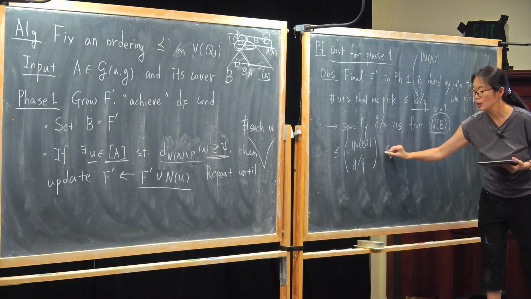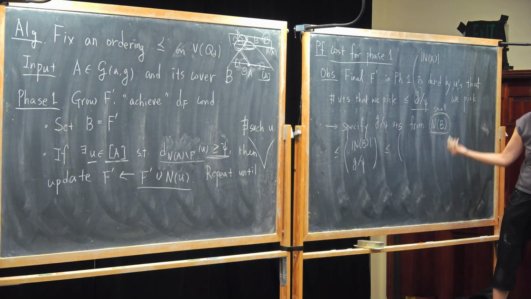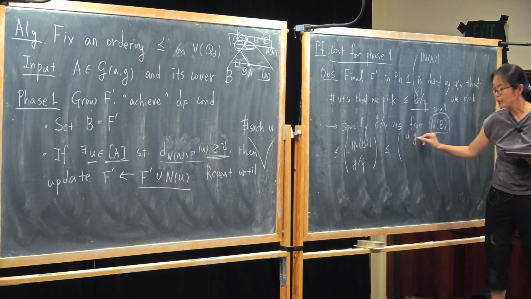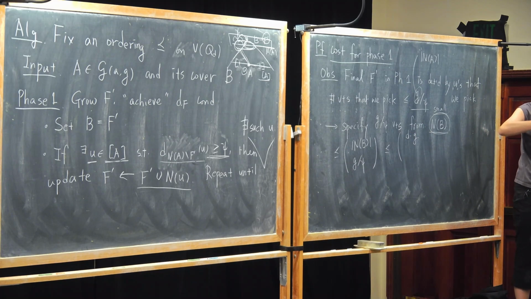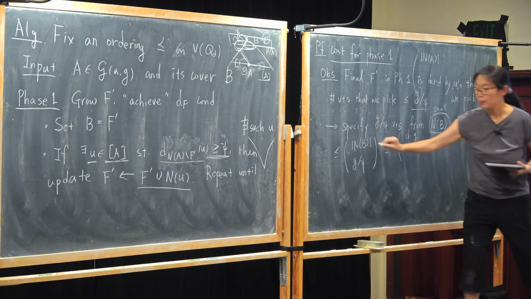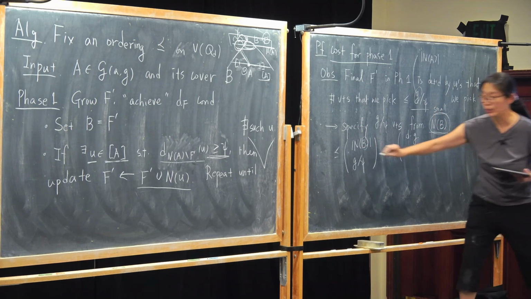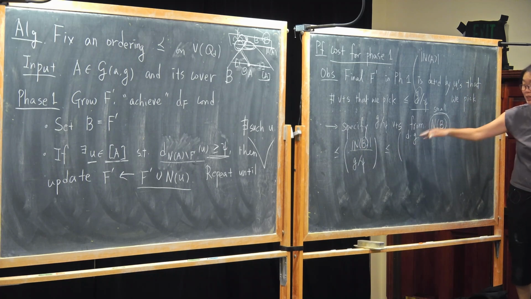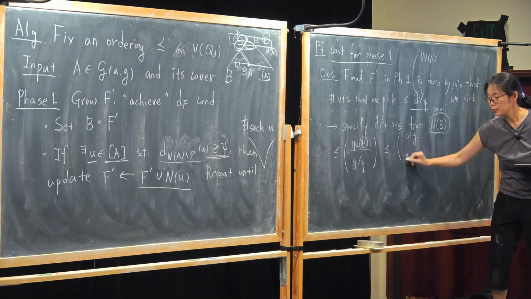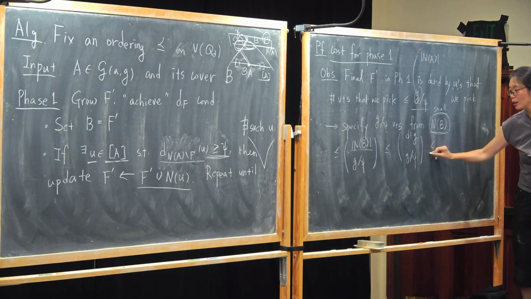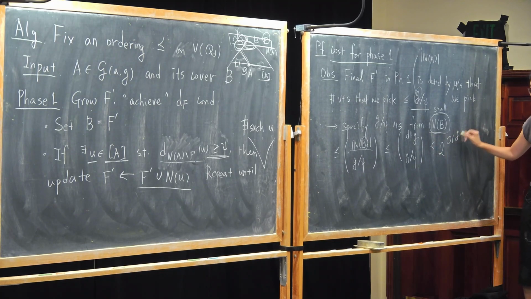The neighborhood of B cannot exceed D times G: B lives inside the neighborhood of A, so B cannot exceed G, and because this is a D regular graph, the neighborhood of B cannot exceed D times G. So this is at most 2 to the big O of G log D over psi. This is the end of the proof for the cost of the first phase.